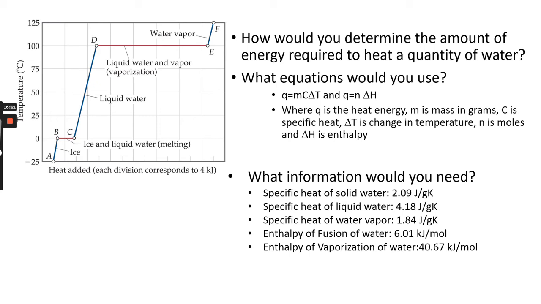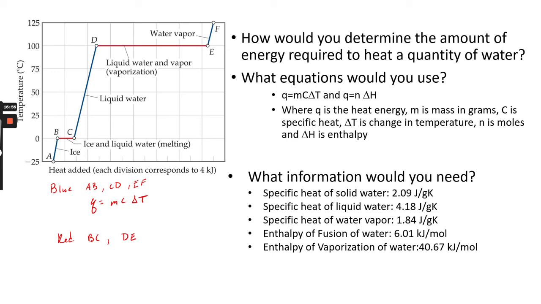The regions here that have a change in temperature, so the blue regions, which would be A, B, C, D, and E, F, all will use Q equals MC delta T, which we used earlier this year, where M is the mass in grams, C is your specific heat, delta T is your change in temperature, and Q is your heat energy.